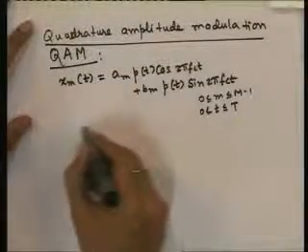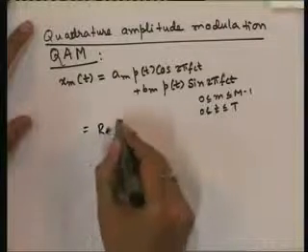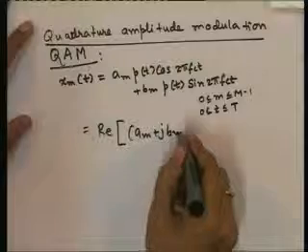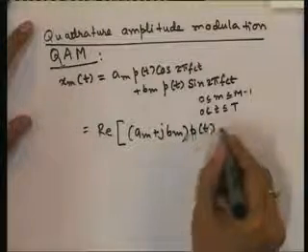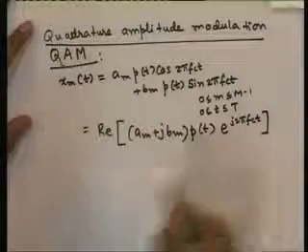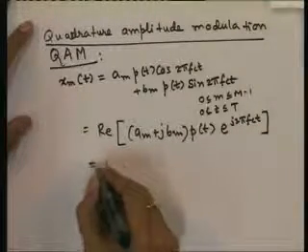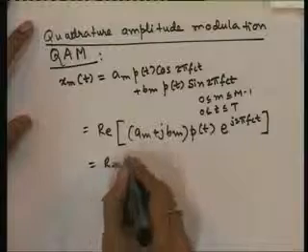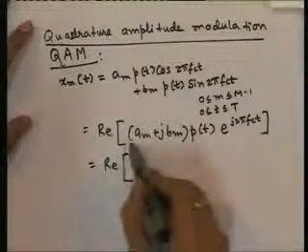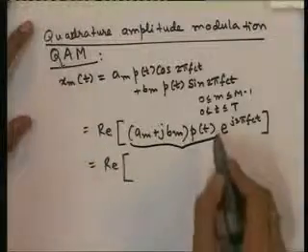So this can be also expressed as real part of (Am plus jBm) p(t) e to the power j 2 pi fct, that is real. Okay, so here this is basically the low pass equivalent.